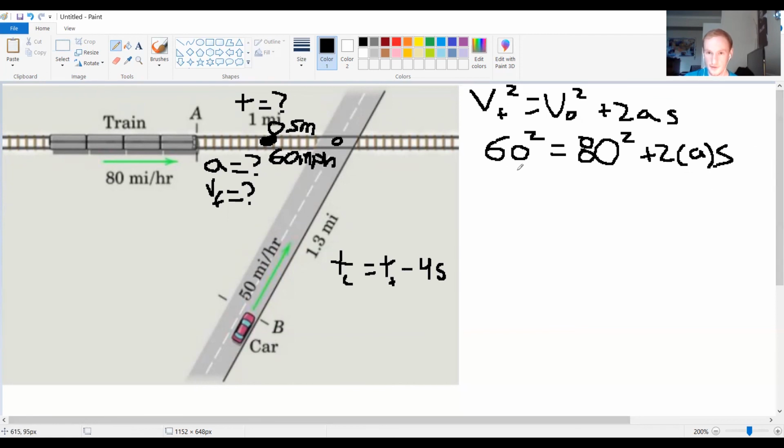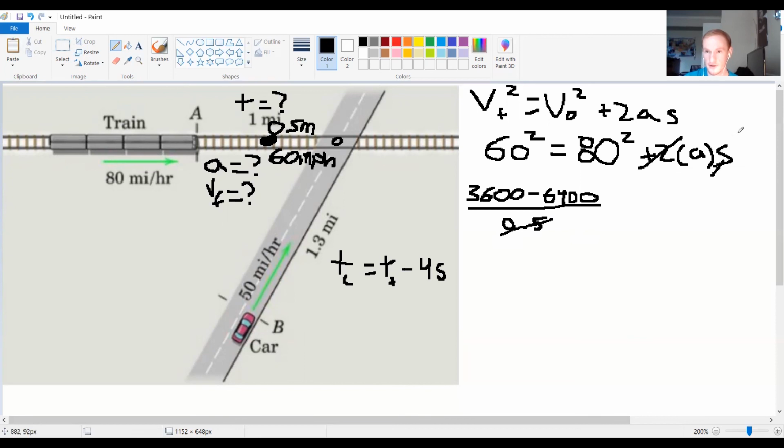Okay, so now we're going to distribute this. We're going to do 3,600 minus 6,400 divided by this position of 0.5. And then it's also going to be divided by 2, which is going to cancel that out.